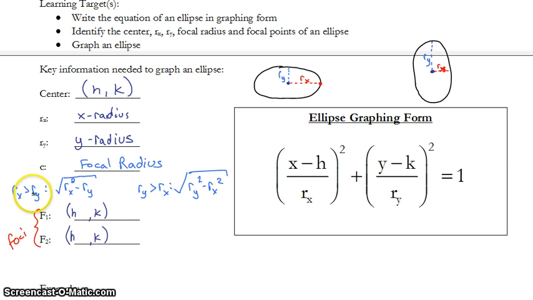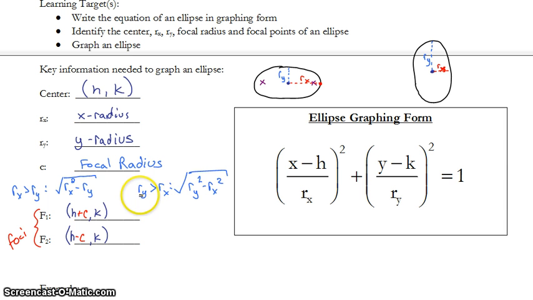When Rx is bigger than Ry, I am adjusting my x coordinate, h. So I'm going to take (h plus c, k), so I'm moving right of the center a certain amount, and (h minus c, k). If I look up at my diagram, that would be an example like this, and my focus would be here and here. It's always going to be on my x radius, my major axis.